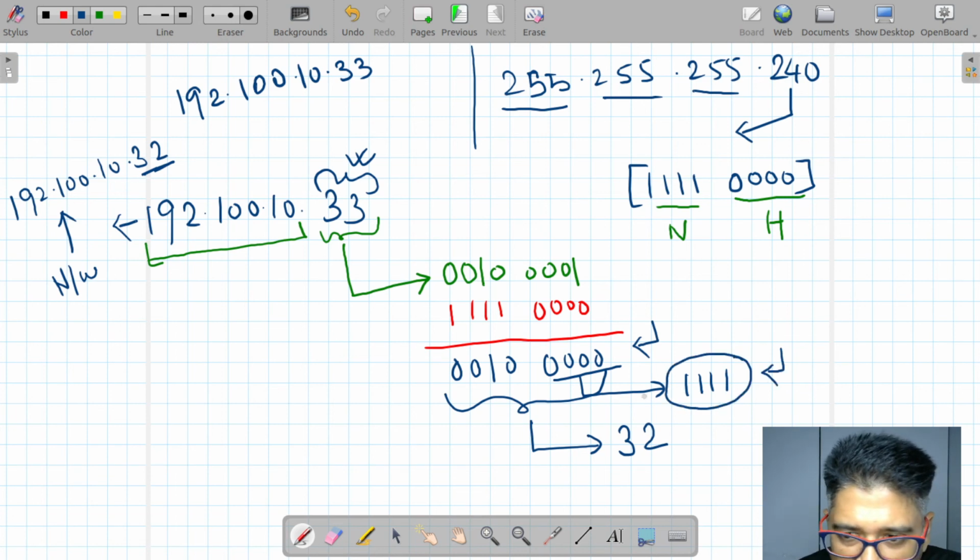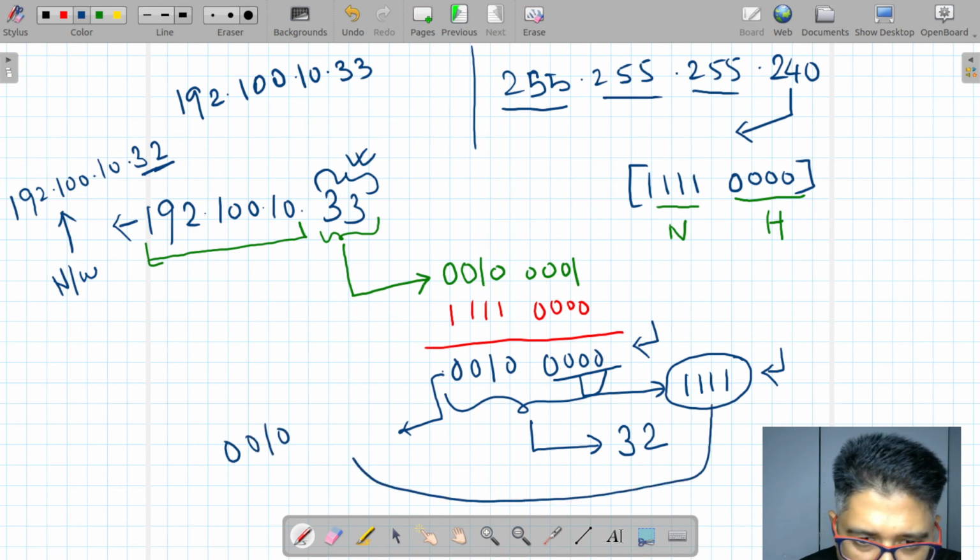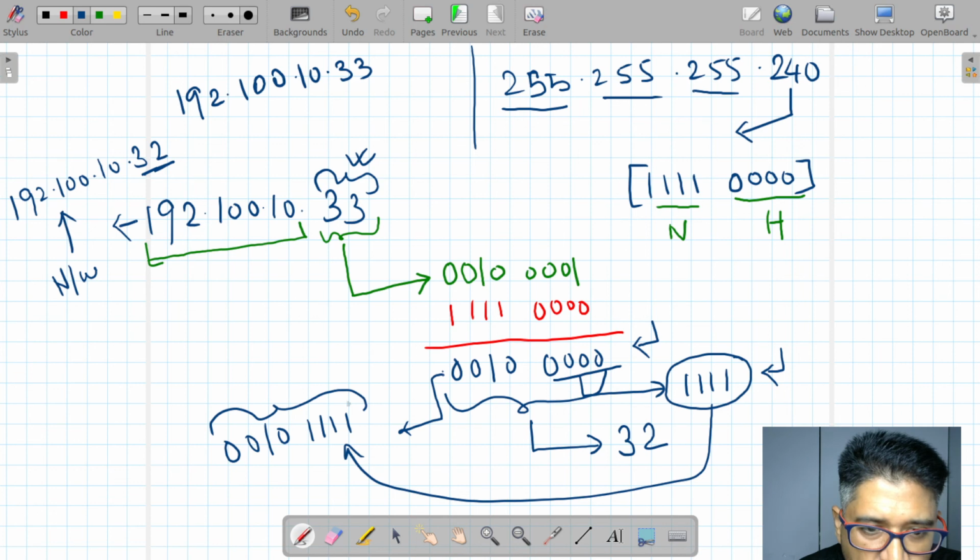The network bits stay constant because they belong to the network, and all ones in the host bits give you the broadcast IP. So this value gives you the broadcast IP.